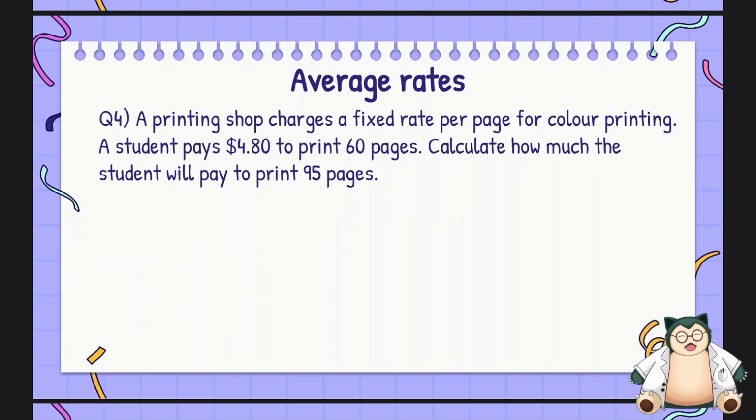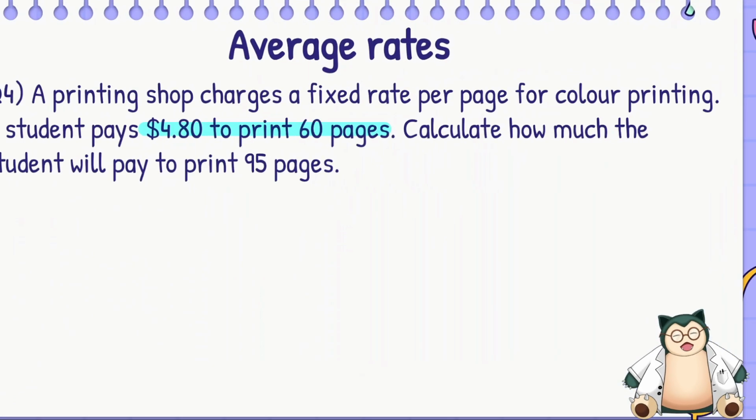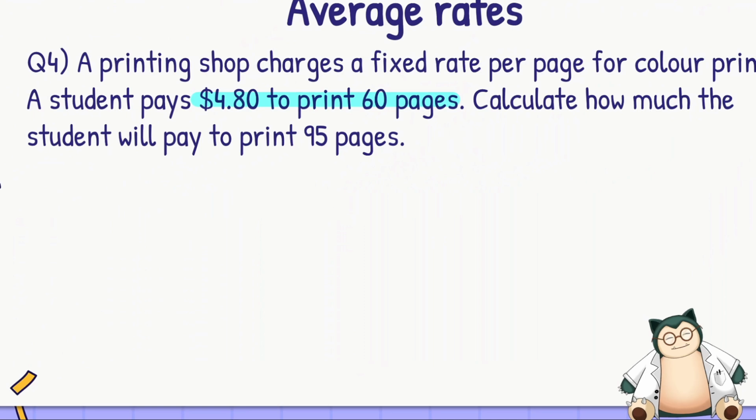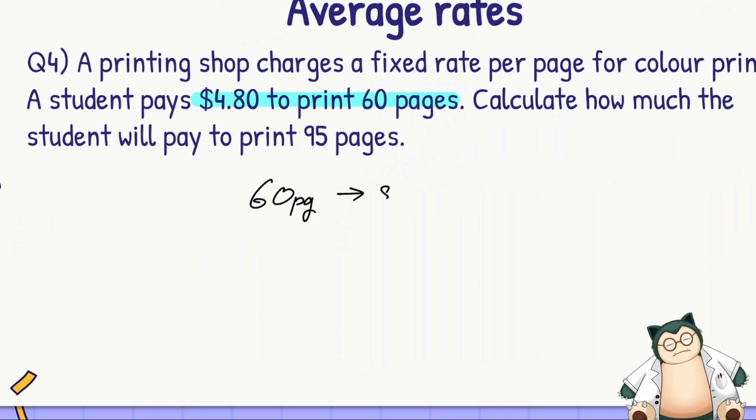Now the next thing we have learned about is average rate. A printing shop charges a fixed rate for color printing. A student pays $4.80 for 60 pages. Calculate how much she has to pay for 95 pages. 60 pages cost a total of $4.80.